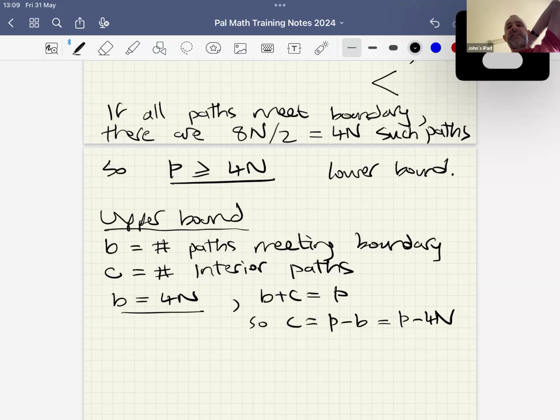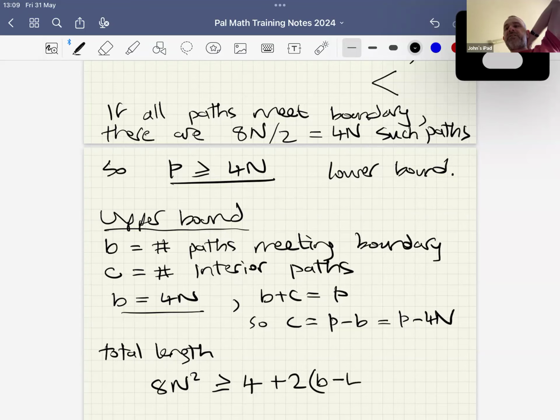And what we get is the total length, which is 8n squared, is greater than or equal to the 4 corner ones, plus the length 2 for every boundary path that's not on a corner, so this is corners, non-corner boundary, and then 4 times C, this is all the others.